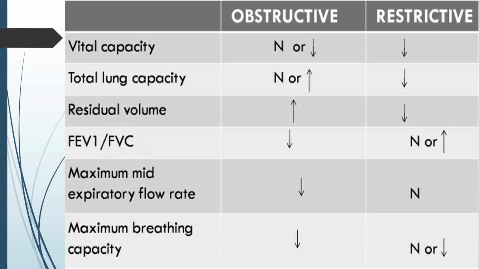So this ratio means a lot. They do it first when the patient comes, and after giving the inhalation of bronchodilators they redo it and see how good the symptoms have improved.